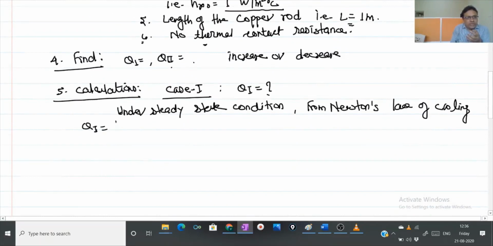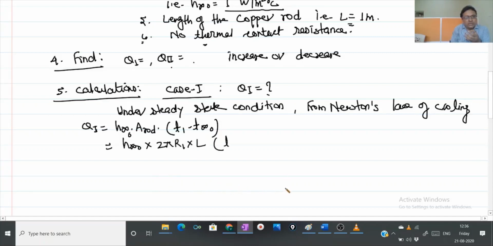So Q1 will be H infinity times area of rod times T1 minus T infinity. H infinity of the surrounding fluid; the area of the copper rod is nothing but 2 pi R1 into L, times T1 minus T infinity O. H infinity O we have assumed as unity, 2 pi, and the radius of the copper rod is 2.5 into 10 to power minus 3.